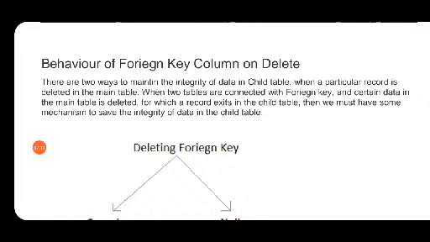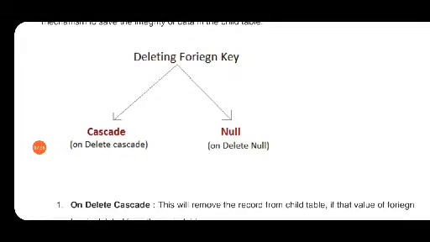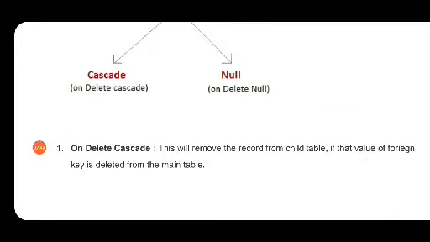So when two tables are connected with foreign key and certain data in the main table is deleted, for which a record exists in the child table, then we must have some mechanism to save the integrity of data in the child table. So you can have two types of deleting foreign key. One is cascading, another is delete null. So cascading is nothing but it will remove the record from the child table if the value of foreign key is deleted from the main table.